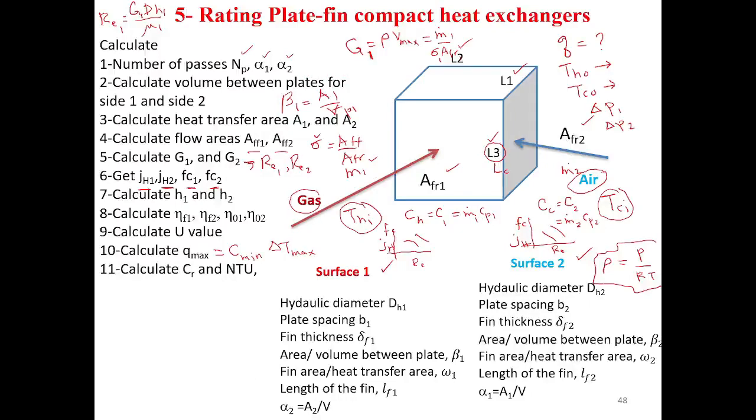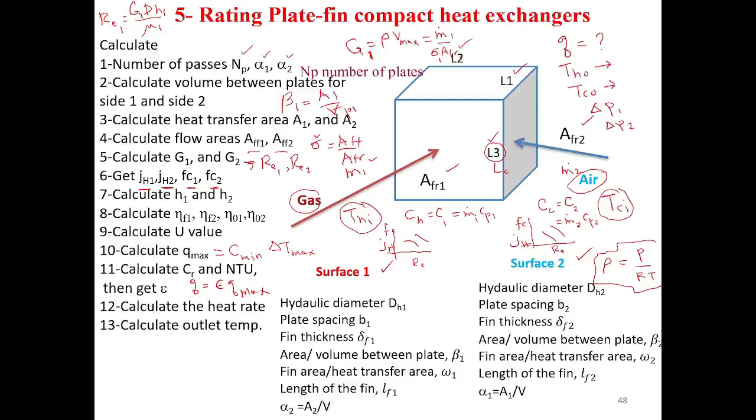Calculate CR and NTU. Of course, we know that CR is the ratio of C min and C max, and NTU is equal to U multiplied by area divided by C minimum. Then get the effectiveness. Calculate the heat rate. Since Q max is known and the effectiveness is known, Q is going to be the effectiveness times Q max.